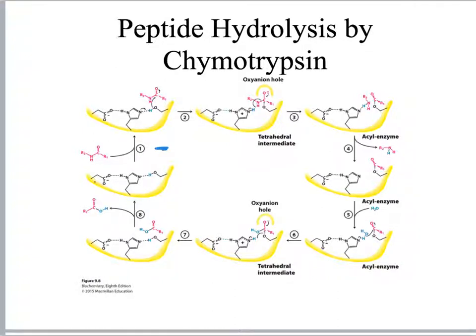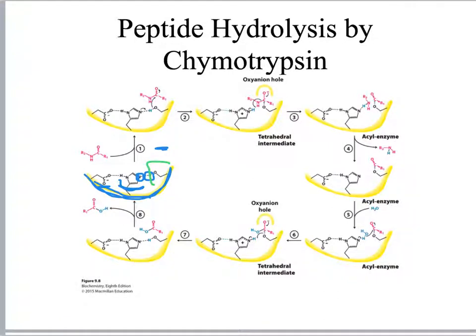So you've got your catalytic triad, okay? We have the aspartate residue interacting with the histidine residue to hold it in place. That histidine residue is going to interact that nitrogen with this hydrogen to form that alkoxide species, so we have a nucleophile on that serine residue.